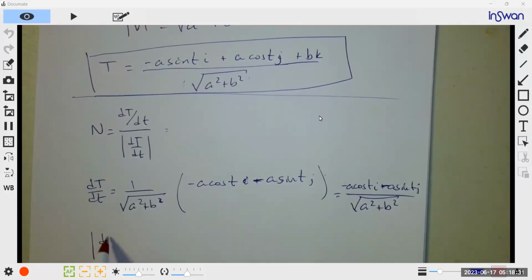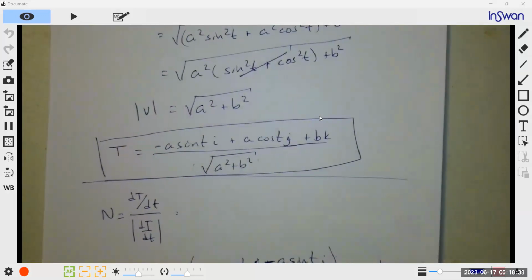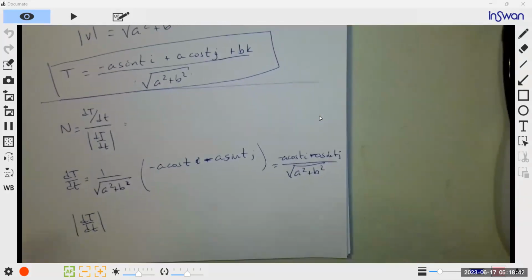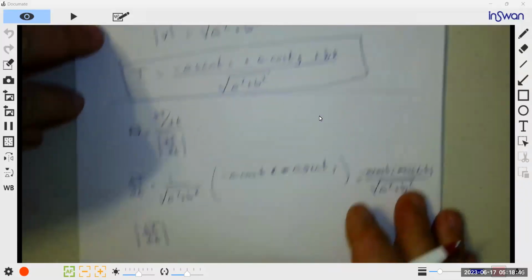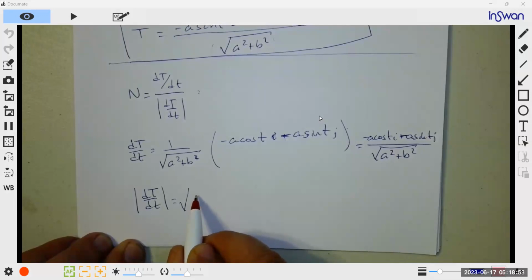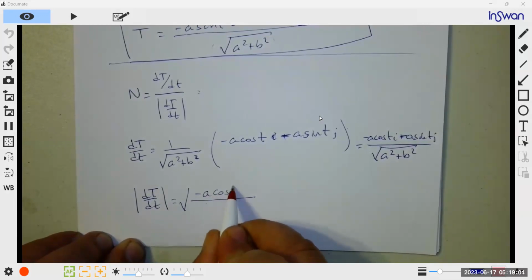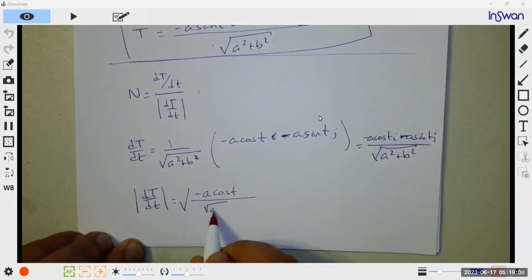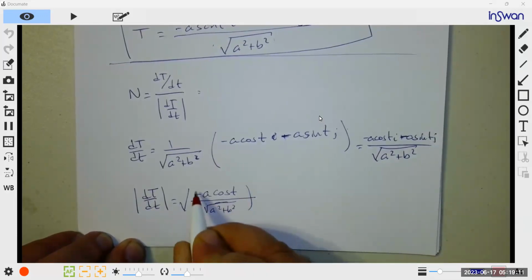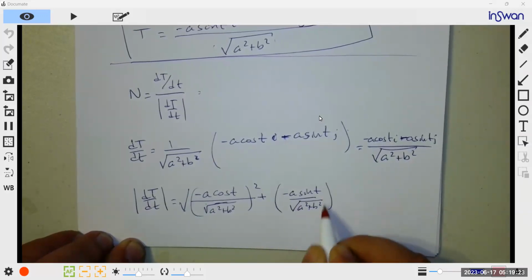Now we've got to find the magnitude. We have negative a cosine t over radical a squared plus b squared, squared, and negative a sine t over radical a squared plus b squared, squared.